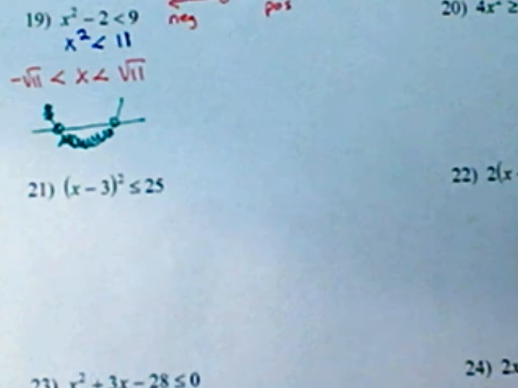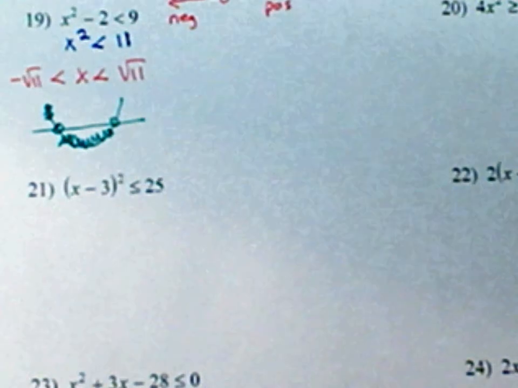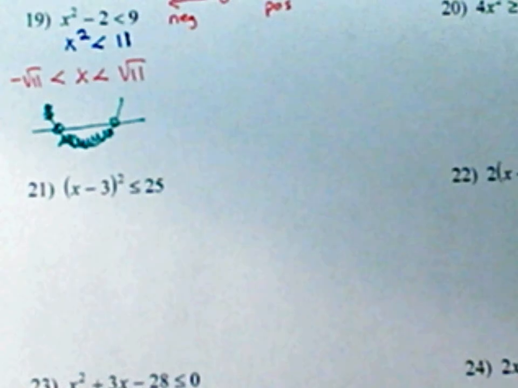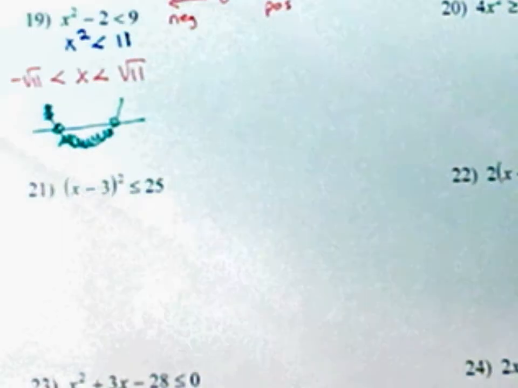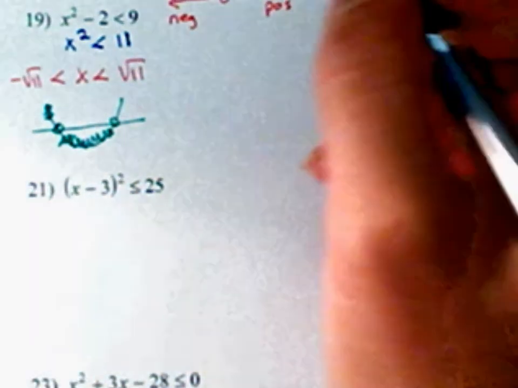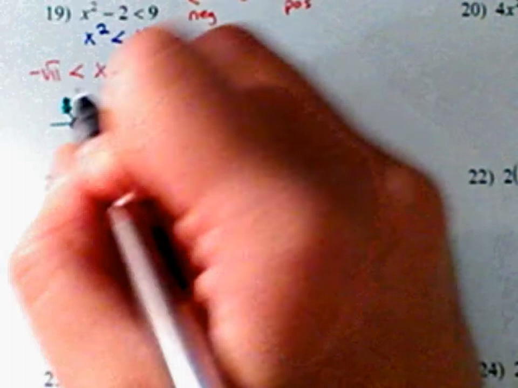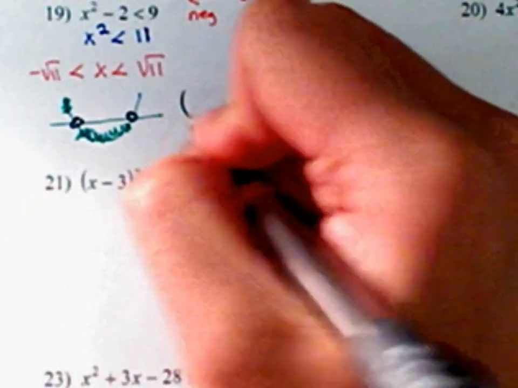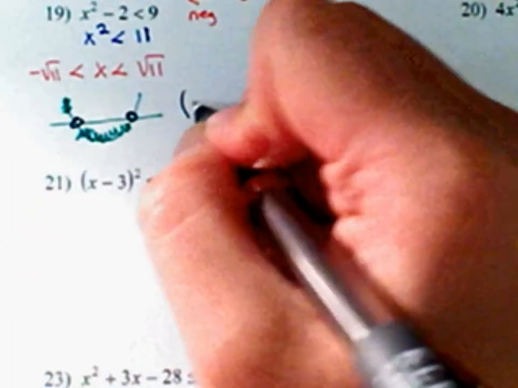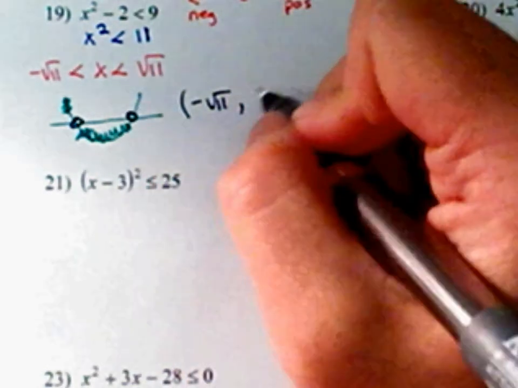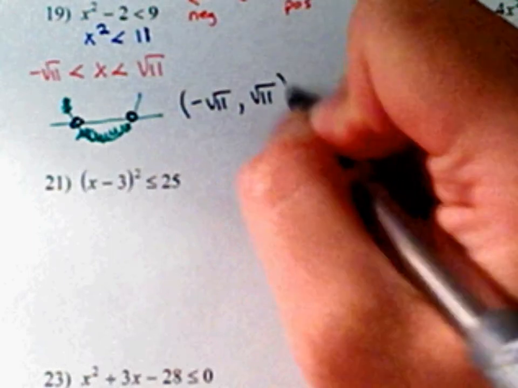Okay, it will be in the negative interval. So, since they're heading toward each other, I'm going to write the answer is between here, which is negative square root of 11, and here, which is positive square root of 11, and there's no equal, so as an interval notation, it's going to go from negative square root of 11, comma, parentheses, not included, and it's going to stop at positive square root of 11.